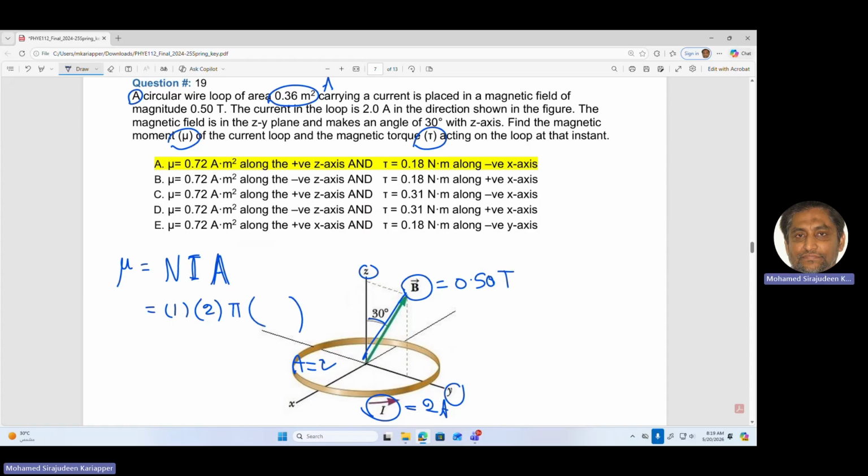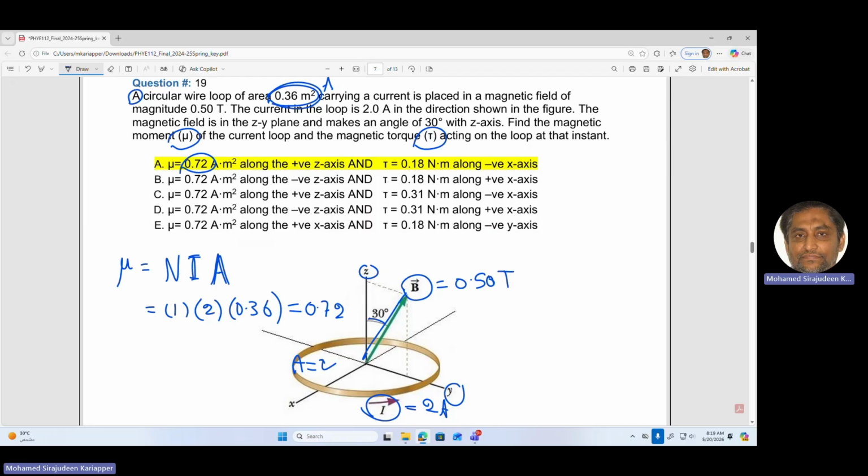How much is R? We don't know what R is. Does it matter? No. He is giving the area right away. So we just substitute, take the calculator, and you will find this answer.